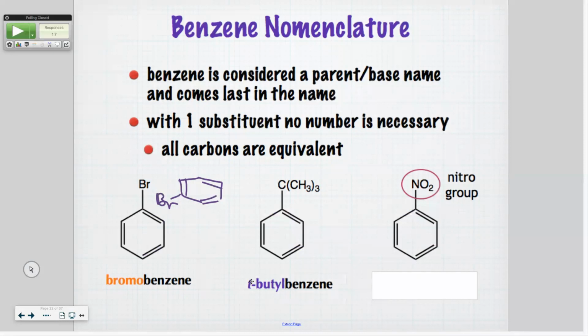This group up here is a nitro group, NO2. Those are going to start showing up now, benzene stuff. And that would be called nitrobenzene. That's one substituent. Pretty straightforward. Chlorobenzene, I bet you already know what that looks like: benzene with a chlorine in place of one of the hydrogens.